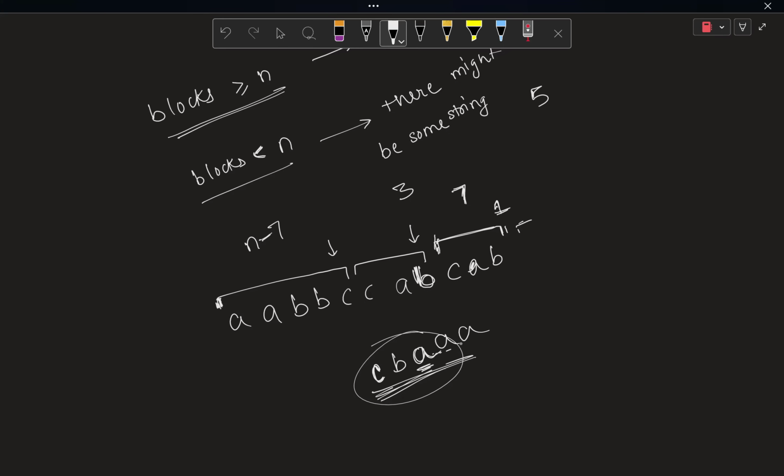So I could just say something like AA there and get a string like CBAAA, which is not present. After the first 3 characters, just pick up anything which is not present, and after that, it doesn't matter whatever you say because the string would not be present. So guys, is this problem clear now, or is there anybody having any doubt?